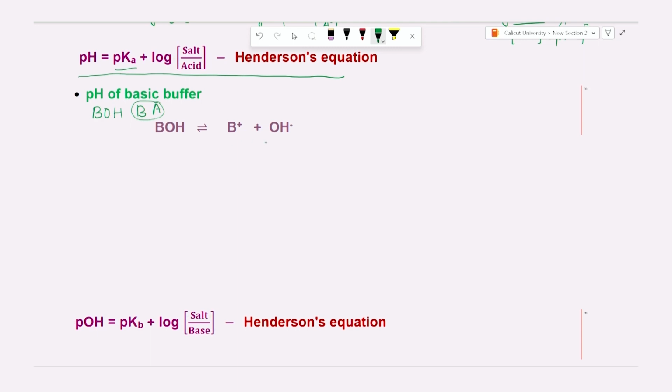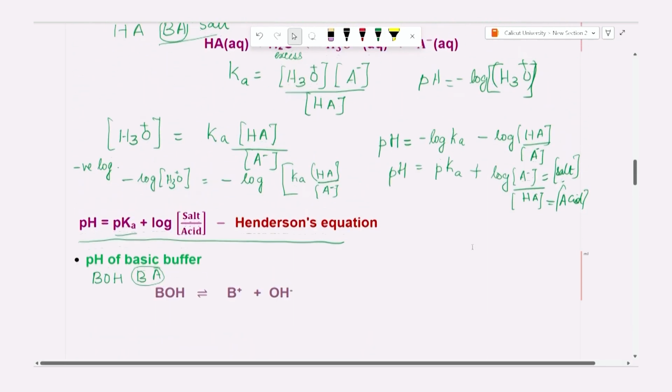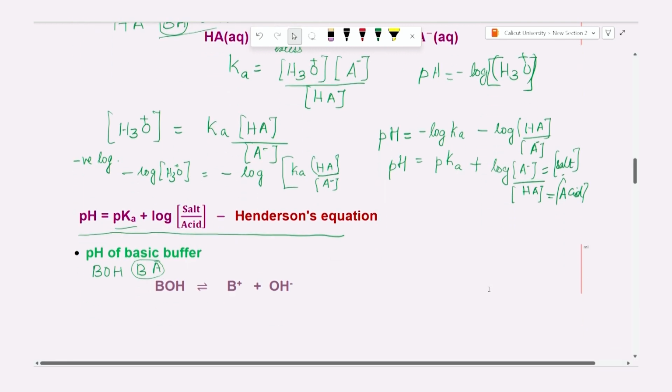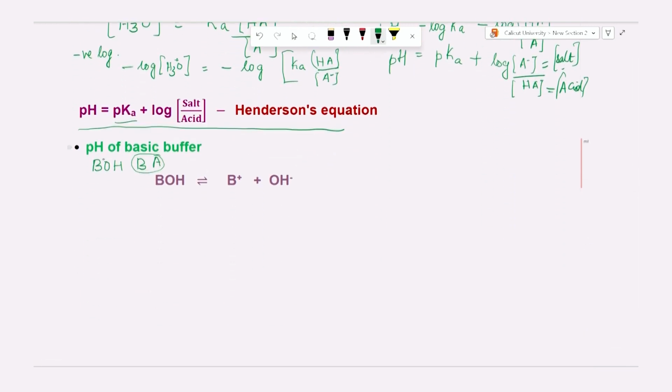So, this is our expression for dissociation of a weak base. Now, in the former case, what we did was we just wrote the dissociation equation, and from that we wrote Ka, that is for a weak acid. In this case we have a weak base, and therefore I have written the expression for dissociation of the weak base.